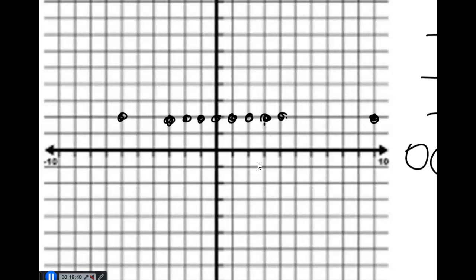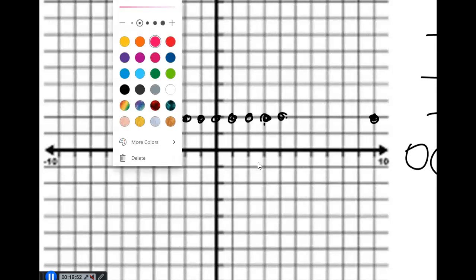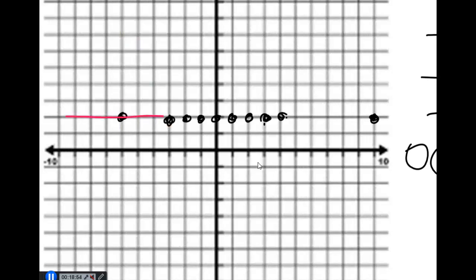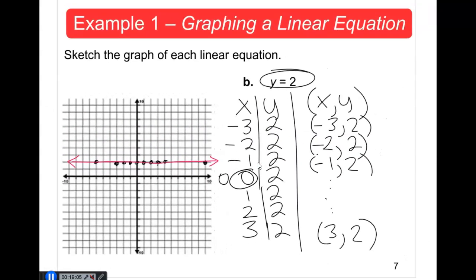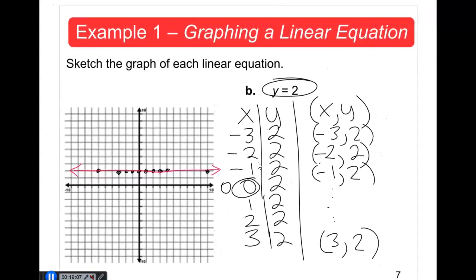So all of those points will have the exact same y value, which is, of course, 2. And I'm just going to go ahead and draw arrows at the end of each side, because that's just how it is.